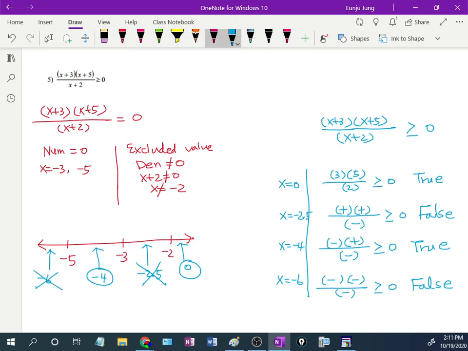Now let's make a decision on the open or closed circles. An excluded value is always an open circle. There is a hole here. The other two come from this part of the problem, and since those are included, I need to include these 2 points, negative 3 and negative 5.